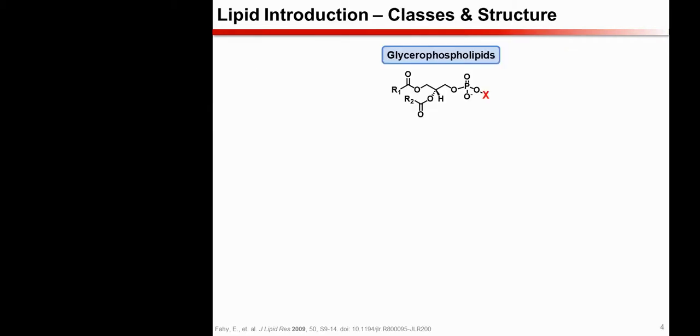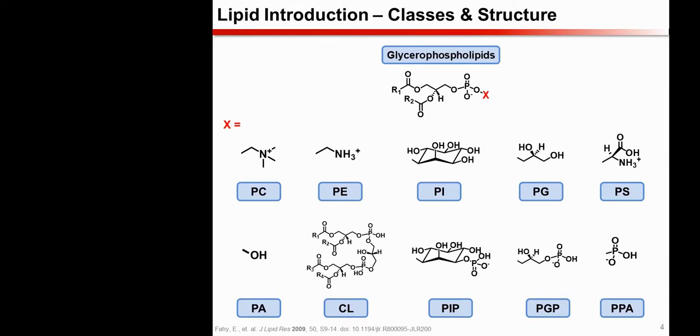And then if we take a closer look at any one of these categories, we also will have multiple lipid classes. And so here are 10 lipid classes or head groups, in this case, all of which are part of the glycerophospholipid category. And so the ones that I'll be referring to the most in this presentation are going to be the PEs or phosphatidylethanolamines and PCs or phosphatidylcholines.